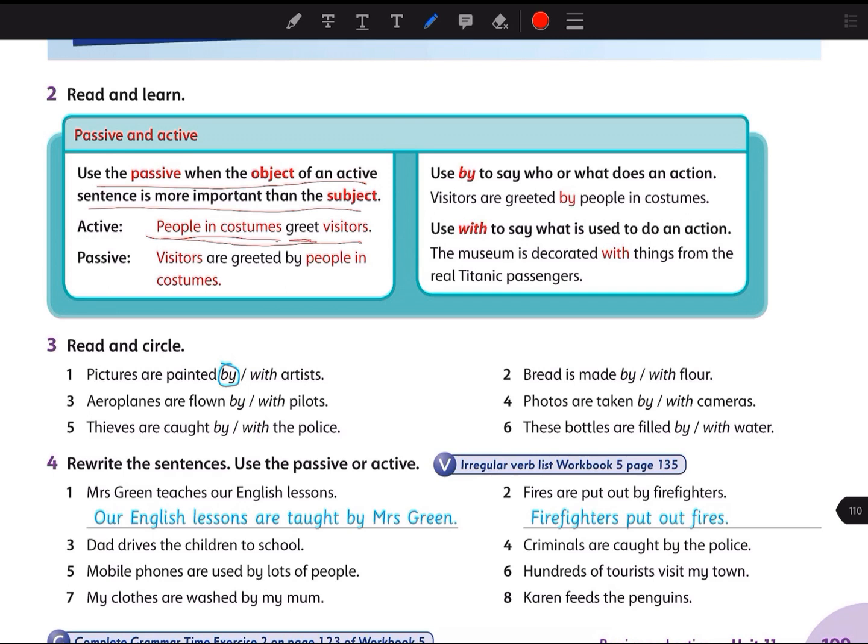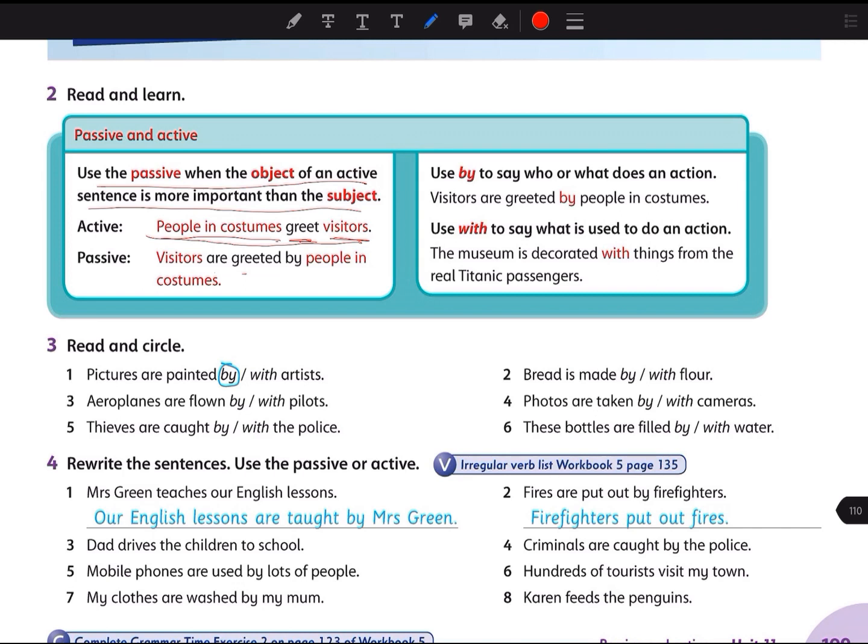We don't need to know who greets visitors. What's important is what's done by people in costumes. We change the sentence into passive like that: Visitors are greeted by people in costumes. So the object is more important than the subject in that case.